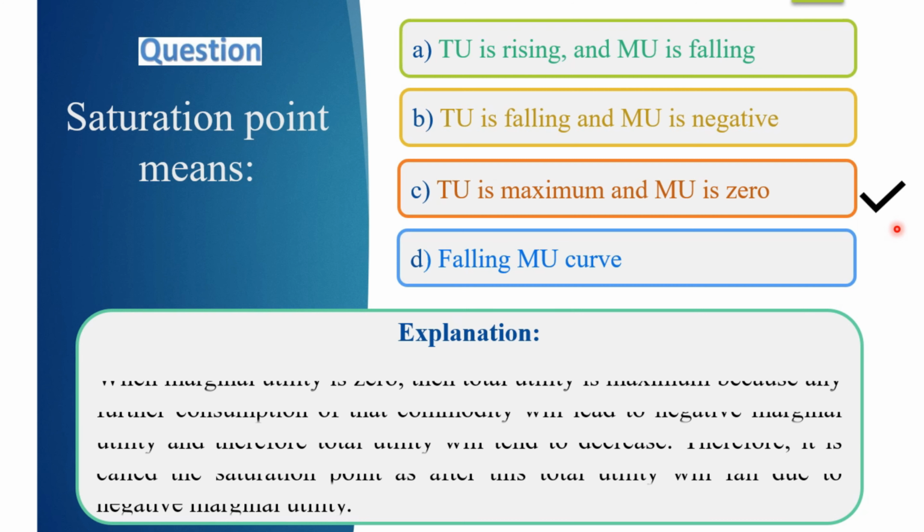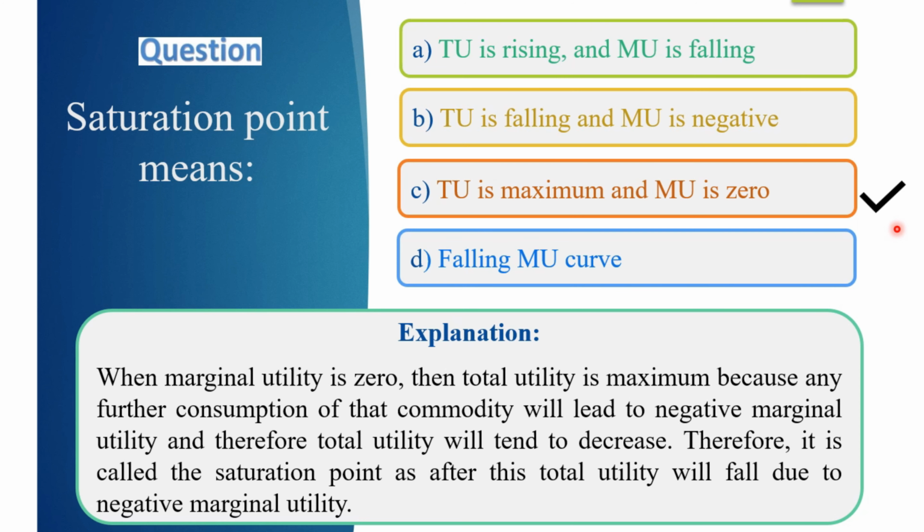जब total utility maximum हो जाती है और marginal utility 0, मतलब marginal utility 0 होने का मतलब हम उसमें कुछ add on नहीं कर सकते. That point is known as saturation point. When the marginal utility is 0, then the total utility is maximum because any further consumption of that commodity will lead to negative. जब total utility maximum होती है और marginal utility 0 होती है, तब थोड़ा सा भी अगर हम उसमें further consumption add on करते हैं तो वो marginal utility को negative में लेके जाएगा.